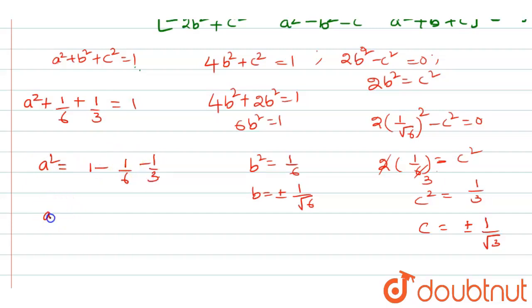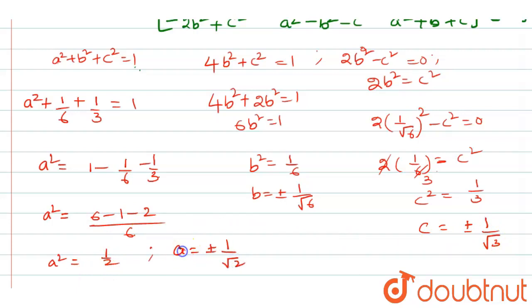So a square equals 6 minus 1 minus 2 by 6, which is 3 by 6, which equals 1 by 2. So the value of a equals plus or minus 1 by root 2.